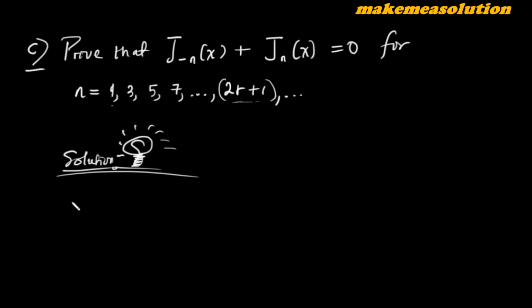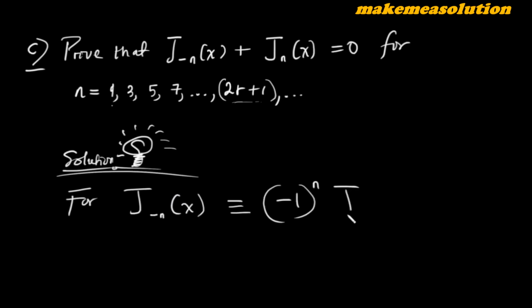Proof has already shown us that J_{-n}(x) can still be called (-1)^n J_n(x). For the purpose of time, I'm not going to show you in this particular video how this became this, but in the next video I promise to explain it for those of you who are interested.